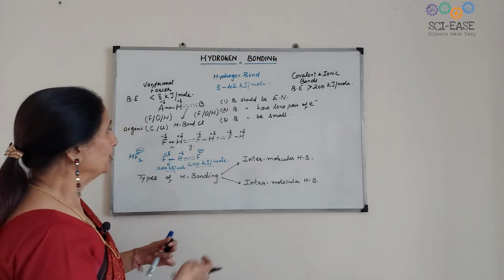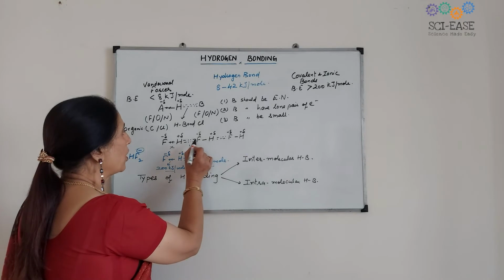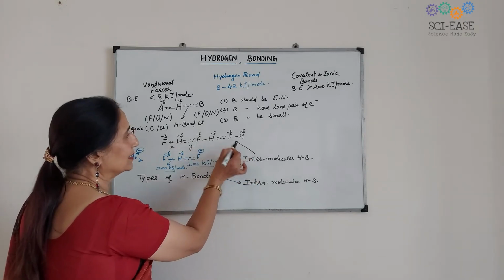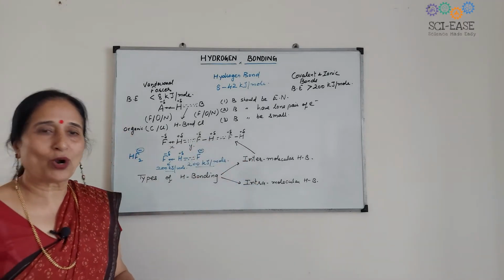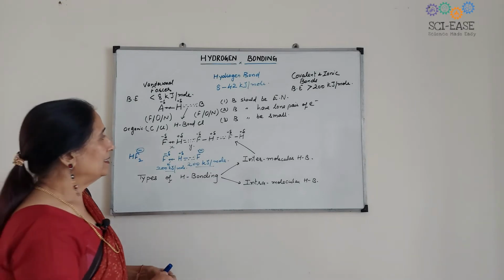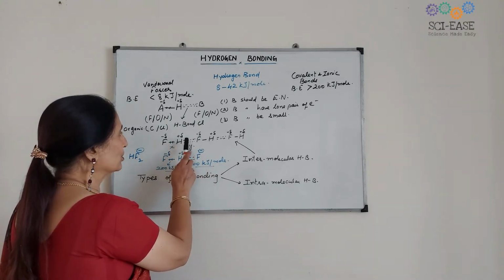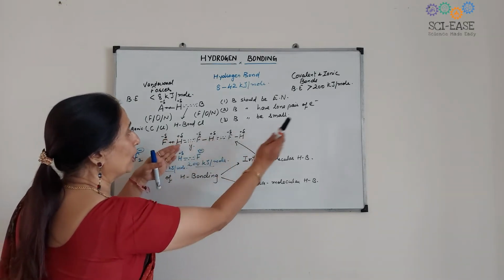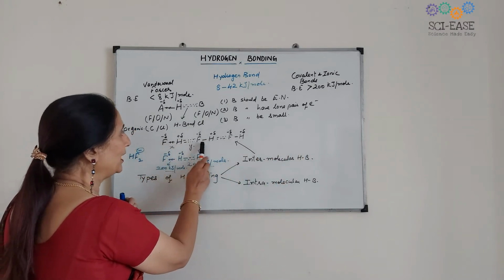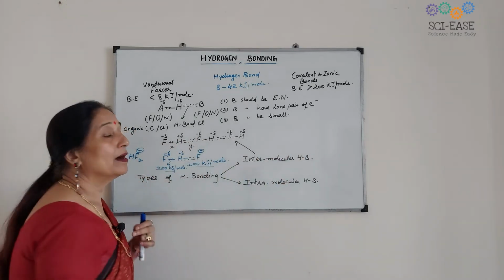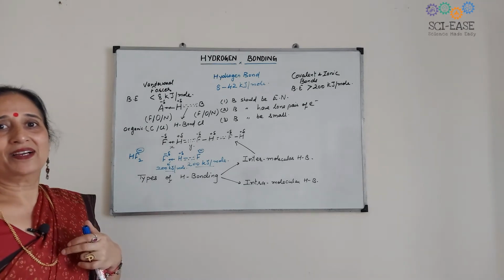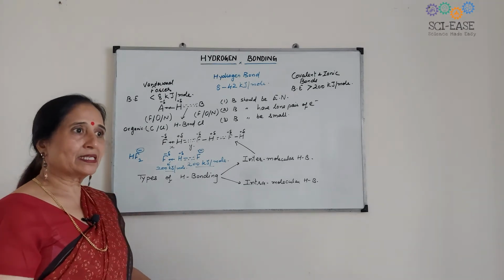So I have told you one example of HF, that is intermolecular hydrogen bonding. Here the 2 molecules of HF, or many molecules of HF, are joined together by hydrogen bonding. There are other examples also.